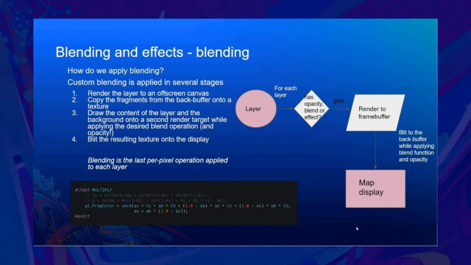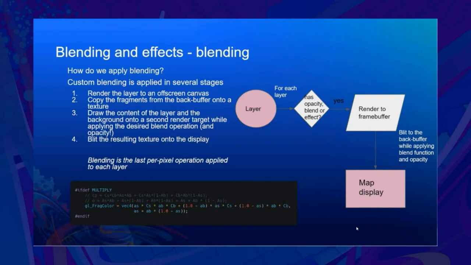We combine the colors from the back buffer and the color from the map according to the desired blend effect. And since we have already given the example of multiply, in here you can really see the equation, how it really works. This is the math that is used in the shader to do the blending.